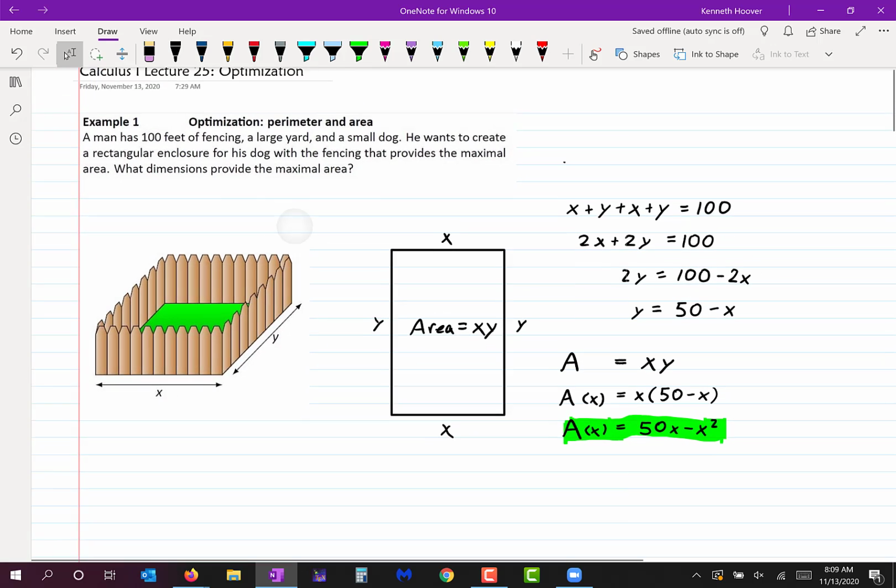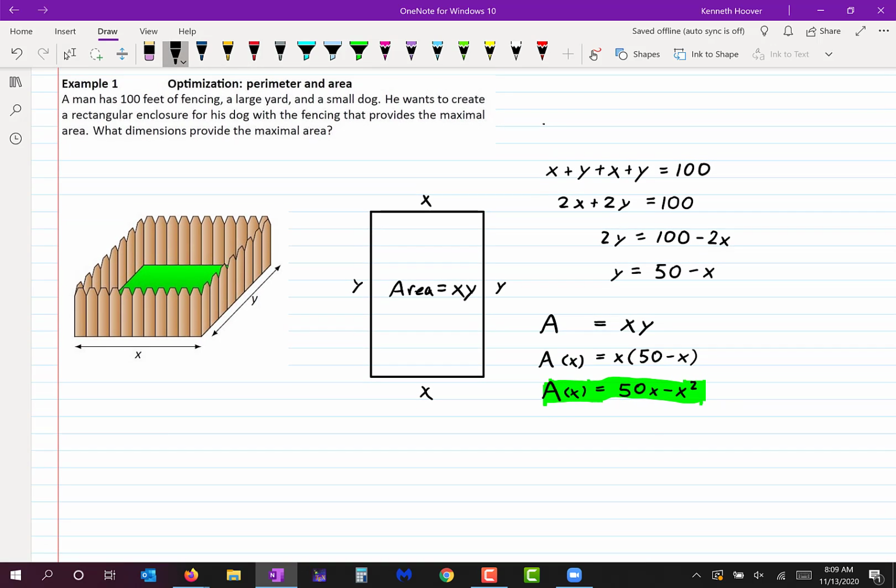You find the maximum by calculating the derivative. What's the derivative of the area? It's going to be 50 minus 2x, and then we set the derivative equal to 0 to find critical points. Remember that?